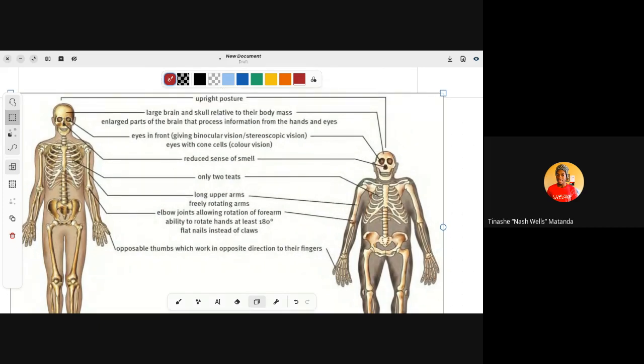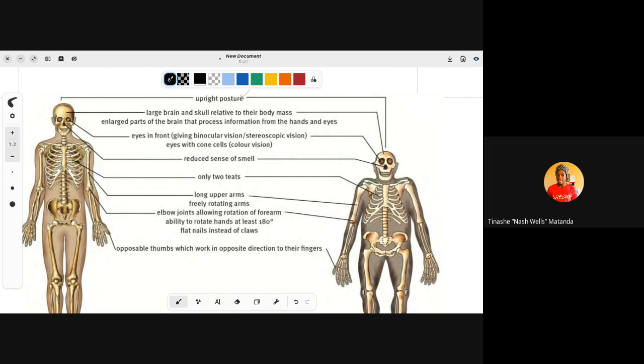So when we look at ourselves now, I'm not going to call us human beings. I'm rather going to call us Homo sapiens and the primates. One common similarity we have is an upright posture, and this is quite obvious. I mean, we've seen monkeys walk on two legs.